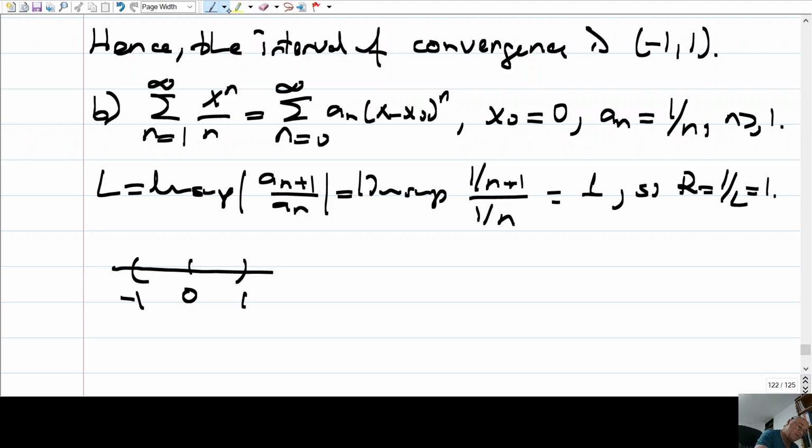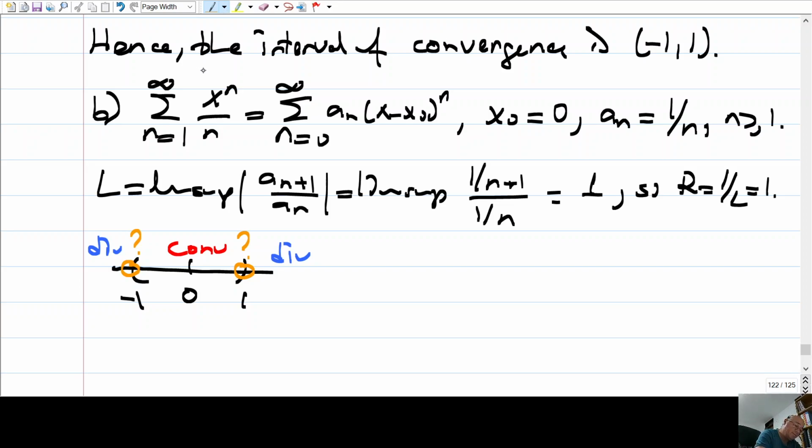Okay. So it is again convergent inside, divergent outside, and we need to check the endpoints.